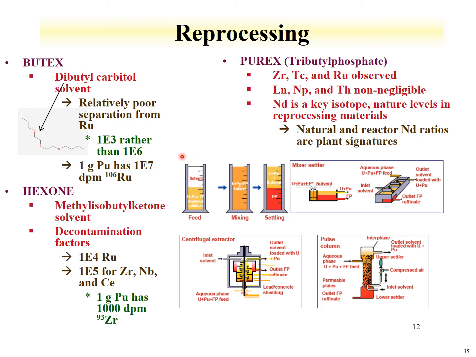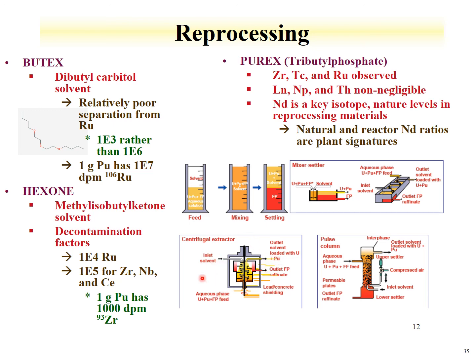And this is a review of some of the separation routes that are used in solvent extraction in an industrial process, where you can have mixer settlers, where the solvent and aqueous phase are mixed, they phase separate, and then one could pull off a certain phase that contains the actinides, and then the fission products go another route. A contactor, a centrifugal contactor, where you have an inlet for the solvent and an inlet for the aqueous feed.